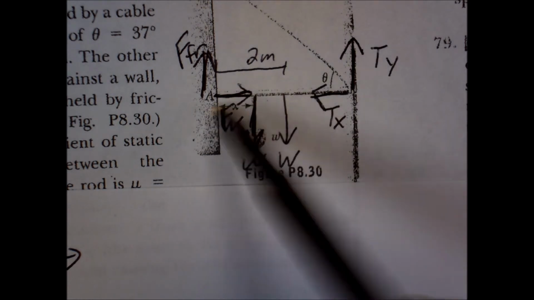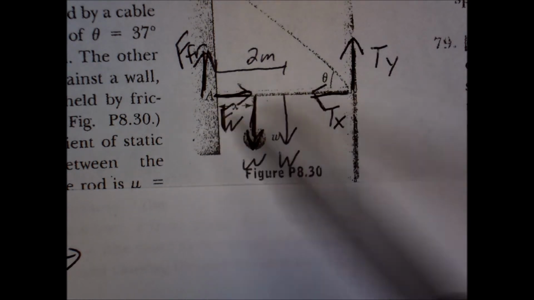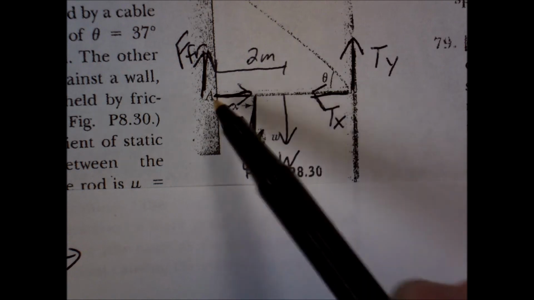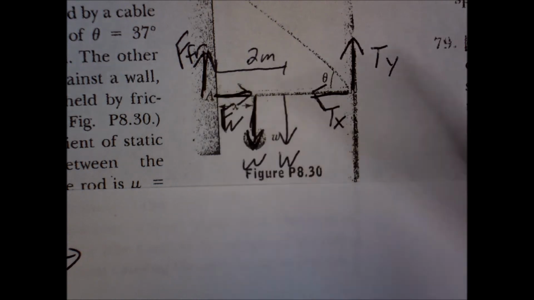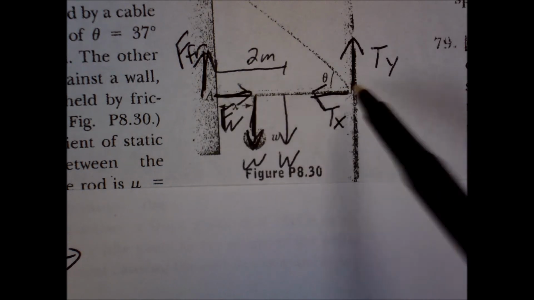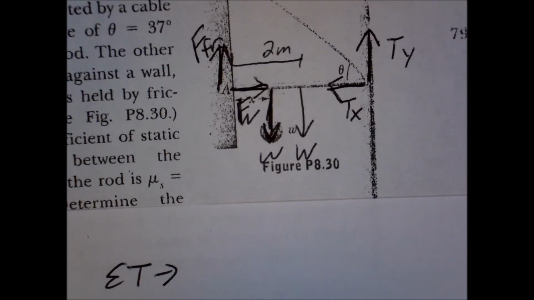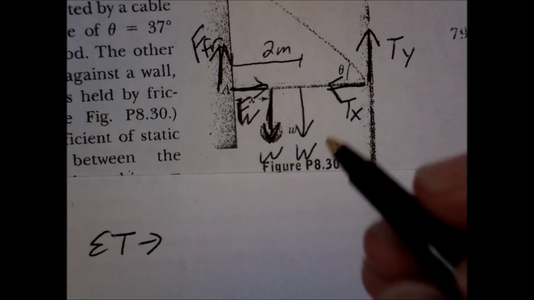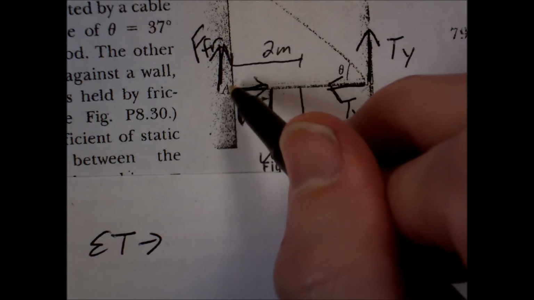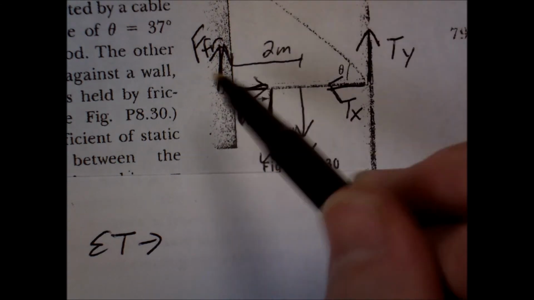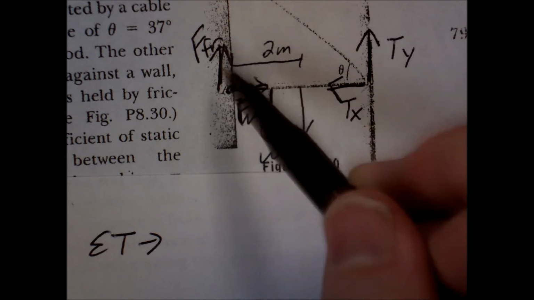Again, you can choose your axis of rotation. For this particular problem, you should probably choose either point A or point B. Let's do our sum of torque. I'm going to choose point A. So that's going to cancel out the frictional torque.